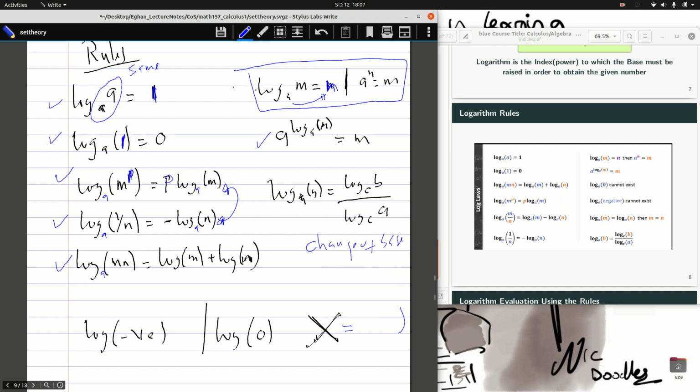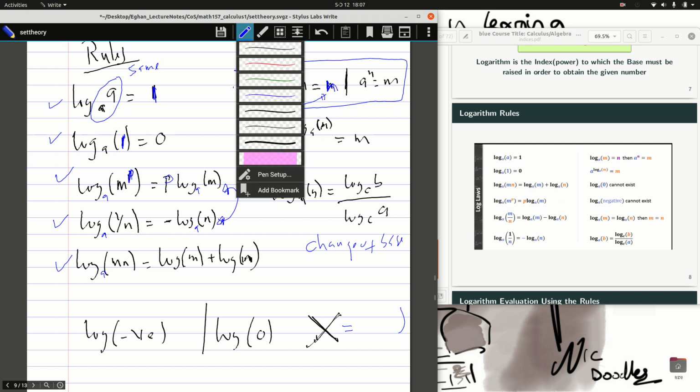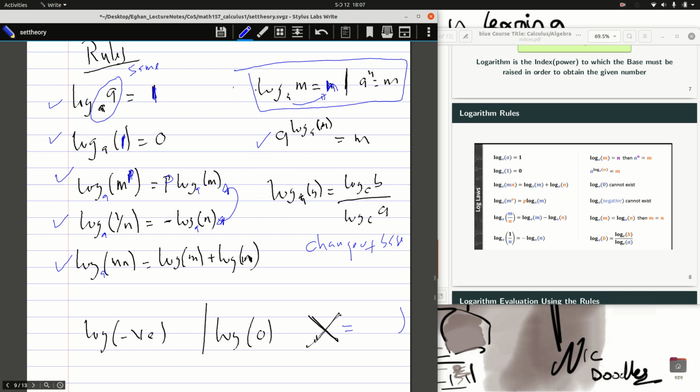There are instances where you want to solve the problem by introducing another base. So look at it. The original base was a, but now the new base is c, with log of b and then a. This c is called a common divisor. My writing is becoming bad, forgive me for that.